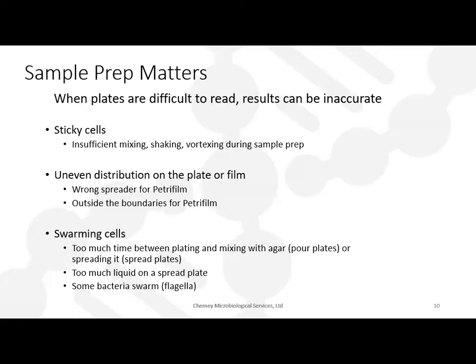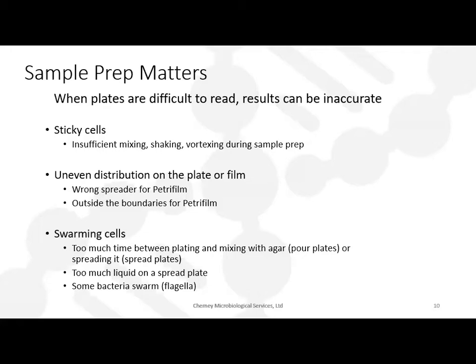You can have an uneven distribution on a plate or a Petrifilm. I've seen accidents happen where the wrong spreader is used for the wrong Petrifilm. I've seen where the sample itself is outside the boundaries for the Petrifilm. Someone will press the spreader on and the sample will just leak right off the sides. That's not going to give you a good accurate count.